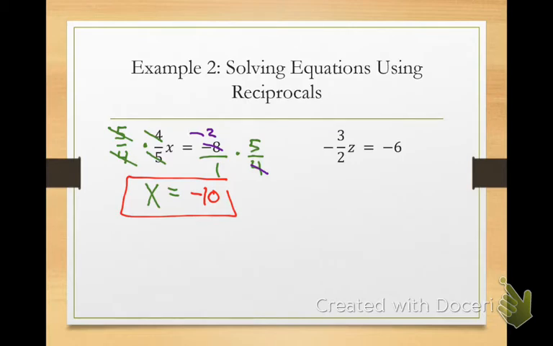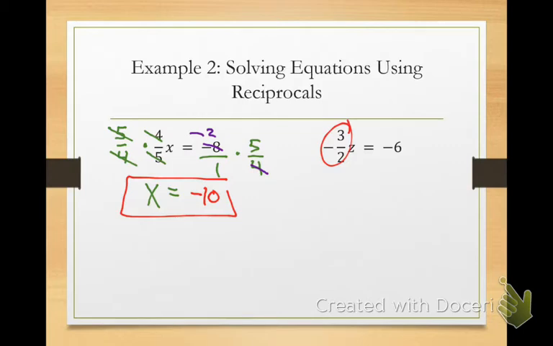Okay? What do you notice about the next equation that I'm solving? You have a negative fraction and it's improper. So my rule is still the same. This technically is multiplication, but I know if I divided a fraction, I'm actually just flipping it and multiplying. So what would be the reciprocal of negative 3/2?